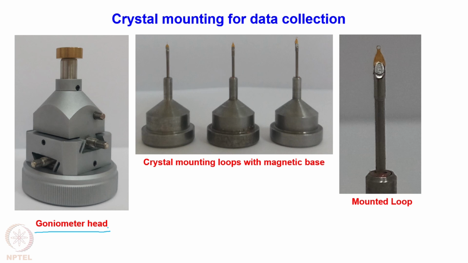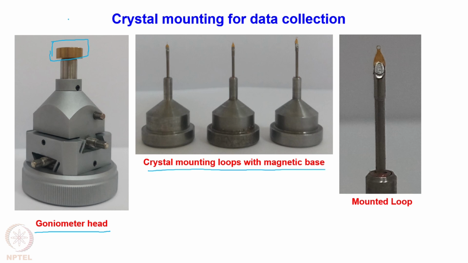This goniometer head is placed on top of the goniometer of a diffractometer, and the crystal is mounted using magnetic sample holders, which are shown on the right hand side figure, and the crystal is mounted here. Once we mount the crystal directly on the diffractometer with this goniometer head, the crystal has to be aligned in the X-ray beam.